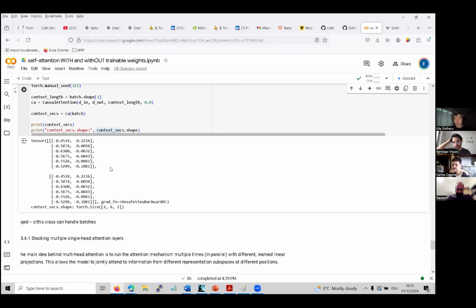And every angle is, as mentioned, implemented as a head, as a set of query, key, and value matrices.